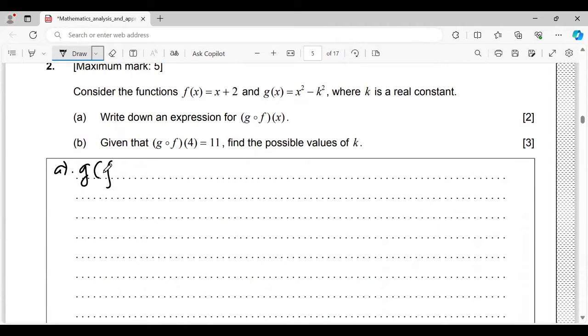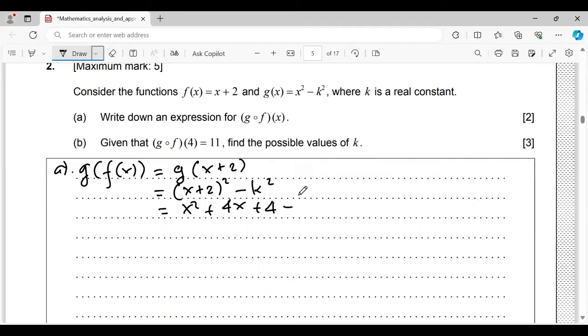It becomes g of f(x), so g(x plus 2) becomes (x plus 2) squared minus k squared. So it's going to be x squared plus 4x plus 4 minus k squared.